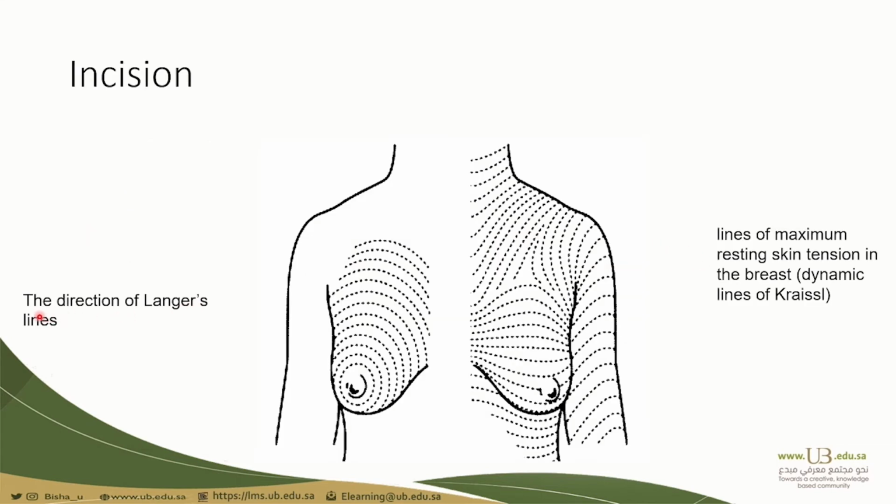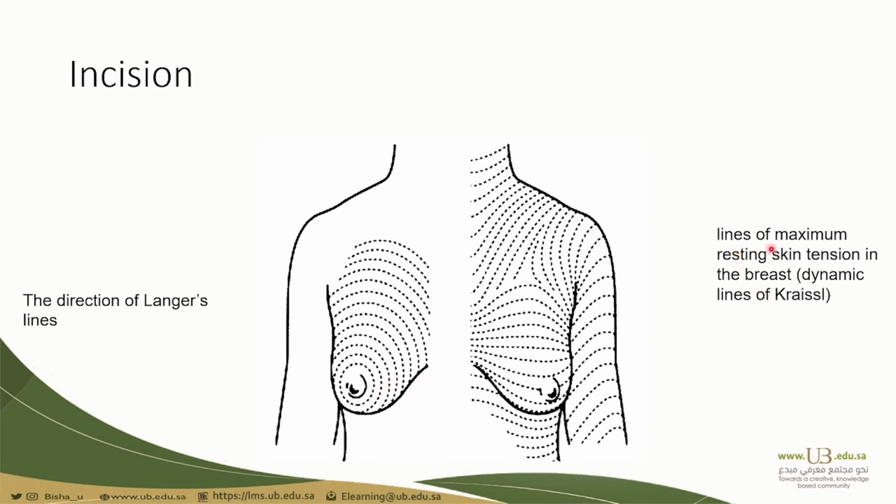There is actually some confusion regarding the incision. Most people think that the breast Langer's line is like that. And this is really the direction of the Langer's lines of the breast when the patient is in anatomical position, while the patient is standing.